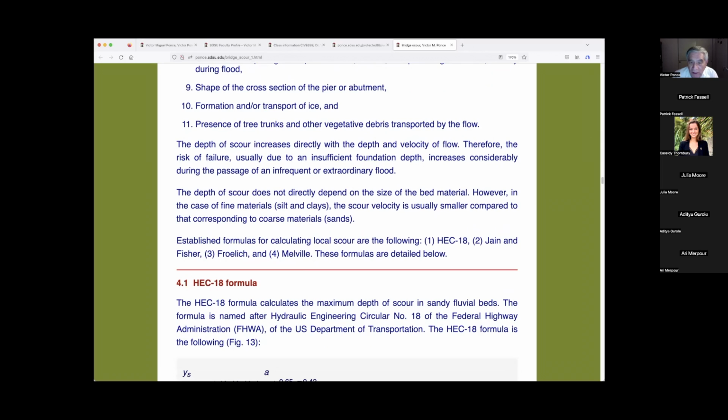Established formulas for calculating local scour, and we're going to look at them, are HEC 18 from the Federal Highway Administration. But the Federal Highway Administration is just an entity, but they hire out the work. This particular HEC 18 model was originally developed under the auspices or with the participation of my esteemed Professor Everett Richardson back 30, 40 years ago.